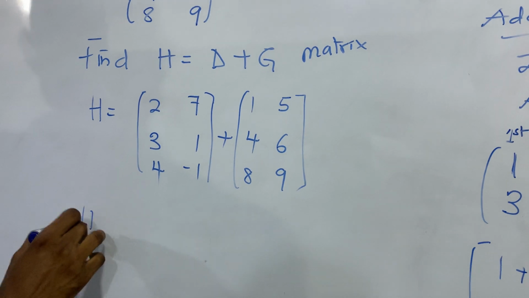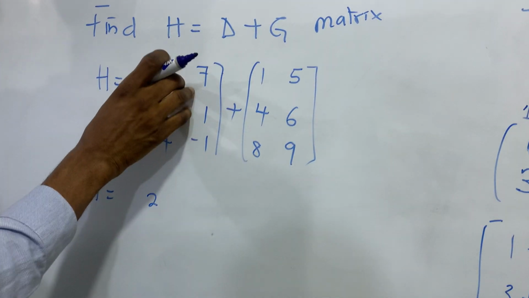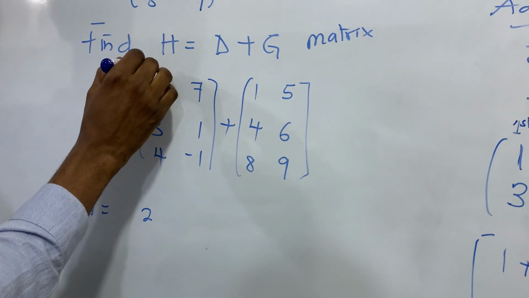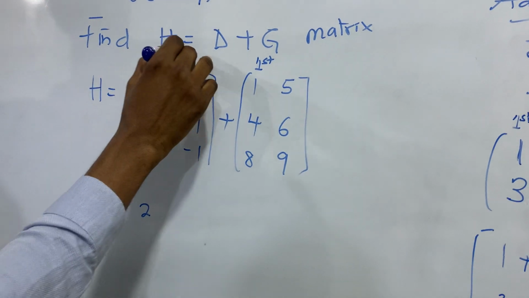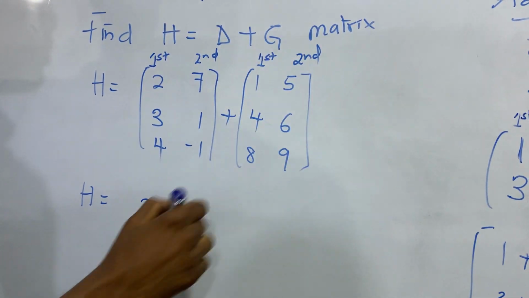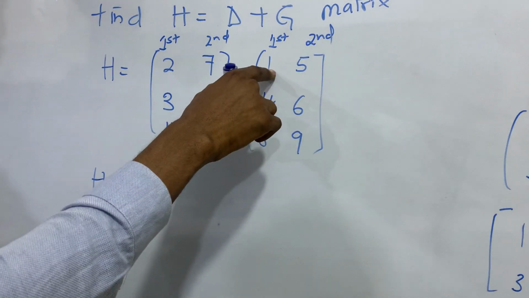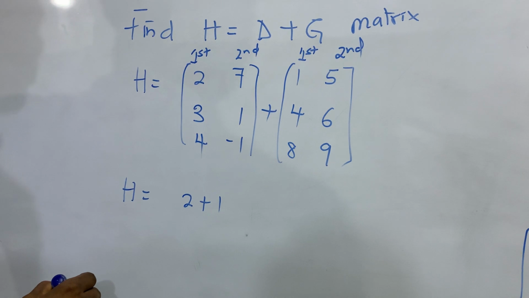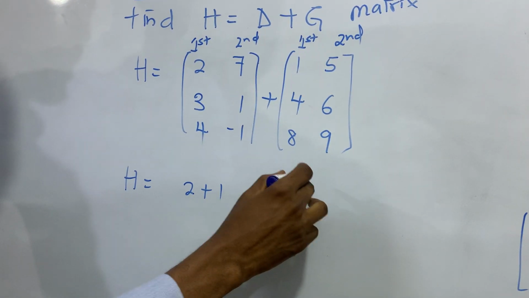So you say H matrix will be equal to this first row plus the first row of the second matrix, and the second row of the first matrix to the second row of the second matrix. So you have 2 added to 1, and 7 adding up to 5.